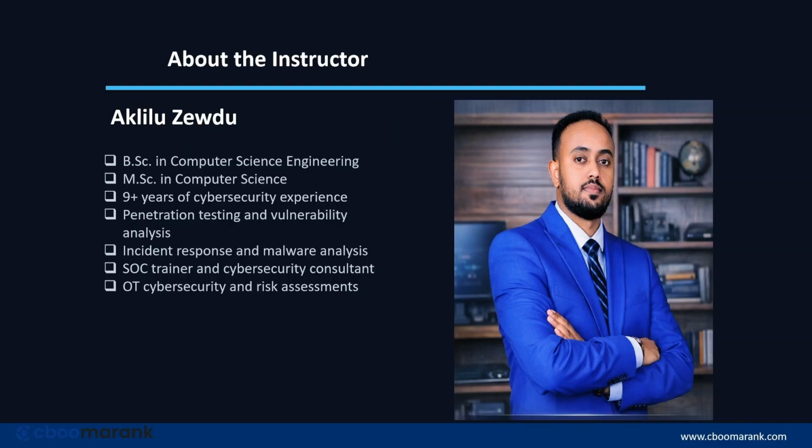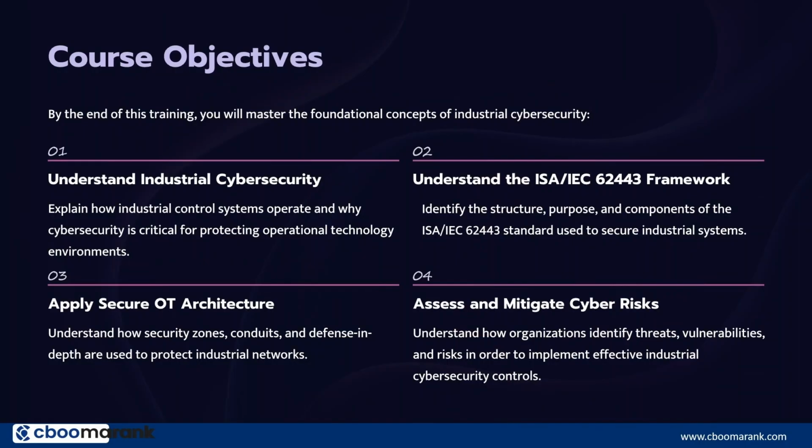Before we begin our technical discussion, it's important to understand what you will gain from this training. By the end of this course, you will understand several important concepts related to industrial cybersecurity. First, you will learn what industrial cybersecurity is and how industrial control systems operate.